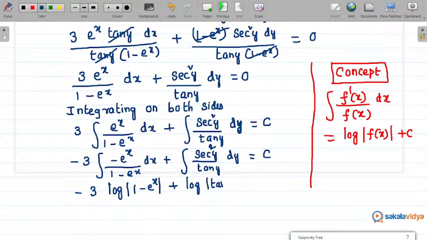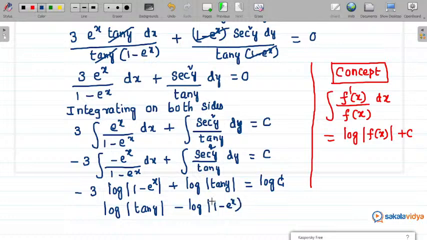All the terms on the left hand side are in terms of logarithm, so we can write the constant as log c. Once again, using the power rule, and rearranging the terms: log mod tan y minus log mod of 1 minus e power x whole cube is equal to log c.